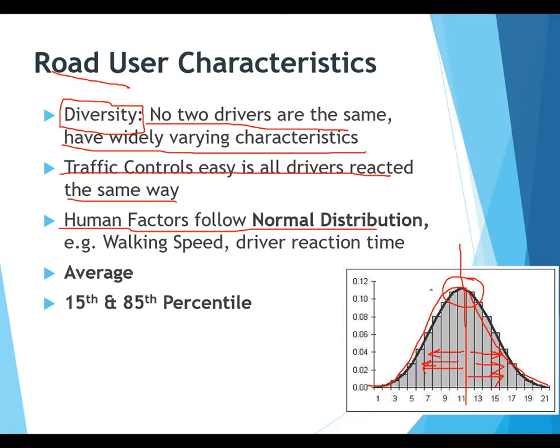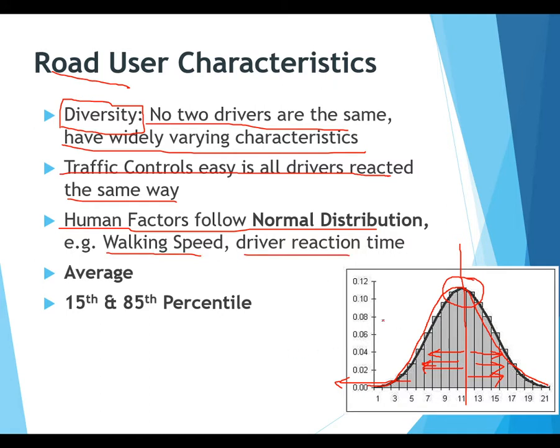So we have this kind of normal curve, and it's infinite on the two sides, meaning that you can have really slow people on one side, or very fast reaction people, like a tennis player or a ping pong player, who can have very fast reaction time. So human factors follow this normal distribution, like walking speed and driver reaction time.